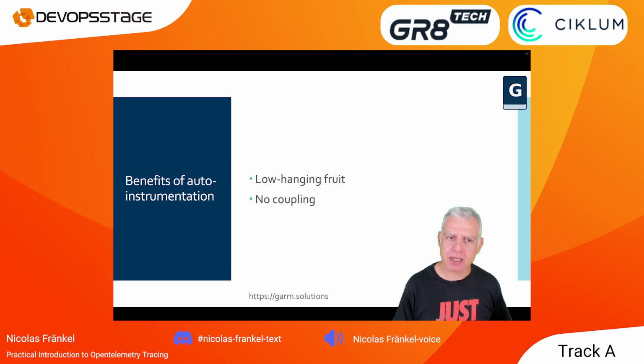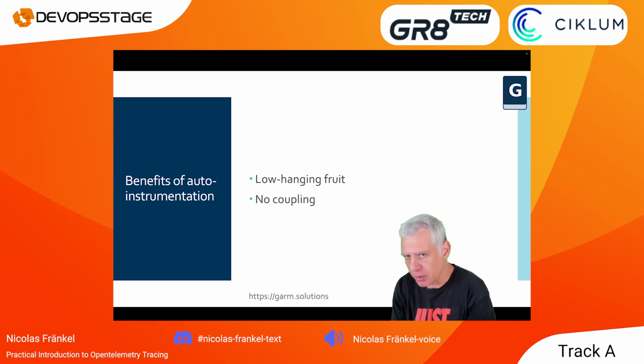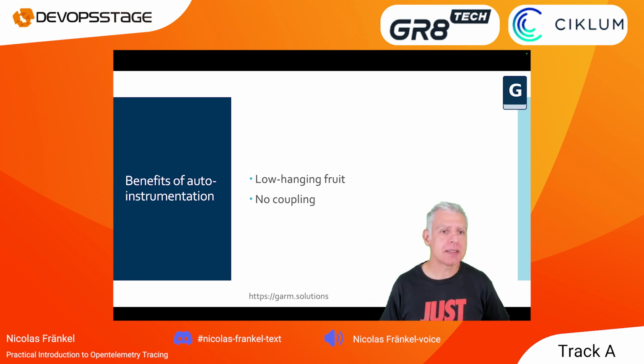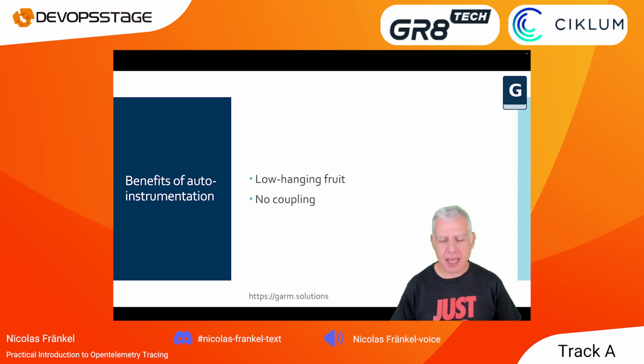I would really encourage you to use auto-instrumentation first if you can, again, if you have a runtime, because it means that there is no coupling, you don't bother the developers, there is no hurdle, it's a low-hanging fruit. And you can even do it as an experiment, so you don't need to tell anybody.